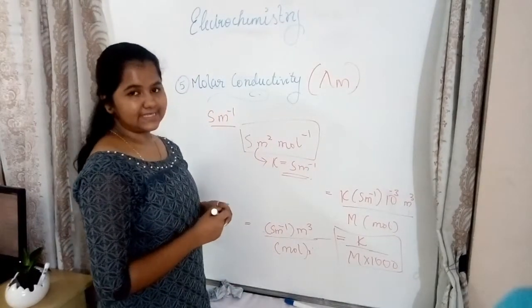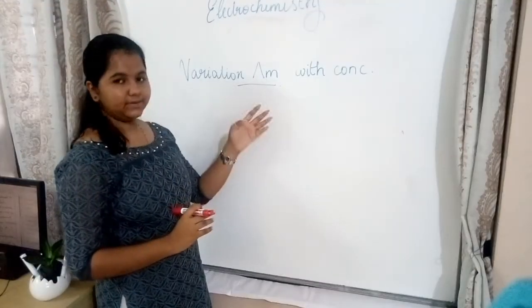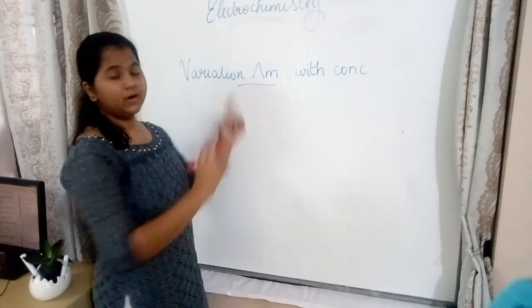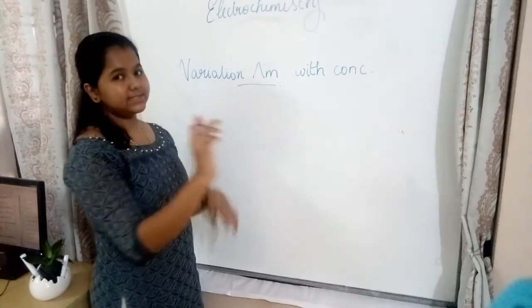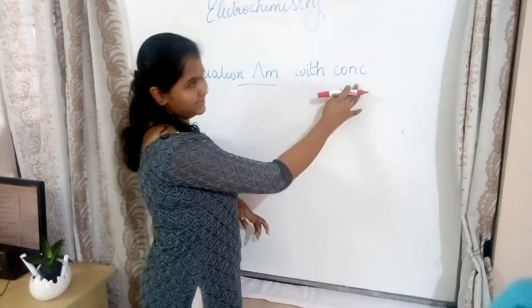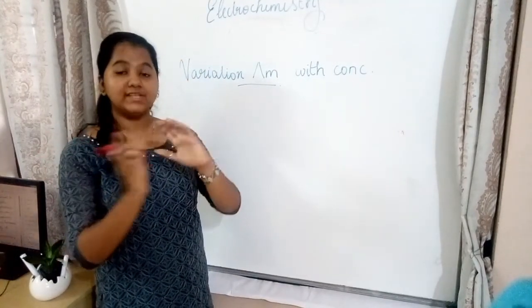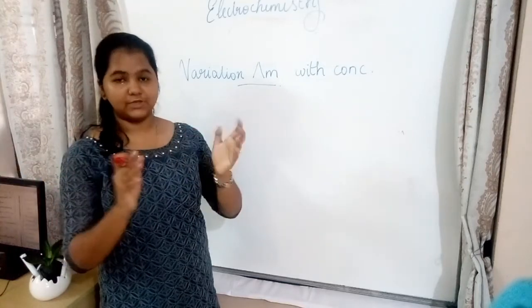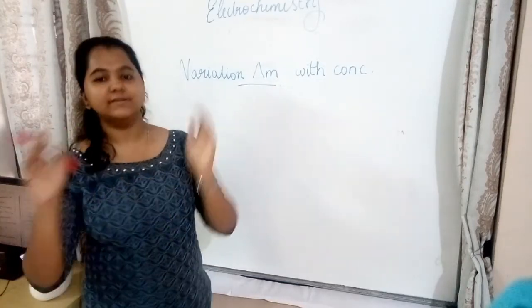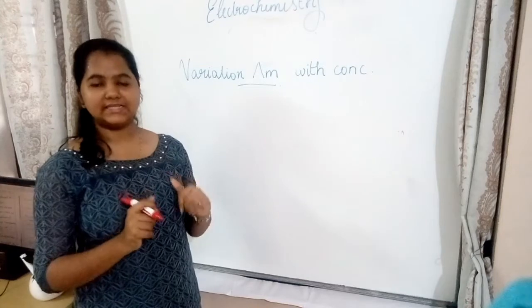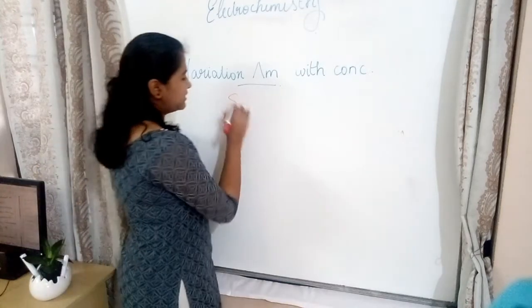Now we are discussing the variation of lambda m, that is molar conductivity, with concentration. We know there are two types of electrolytic solutions: strong electrolyte and weak electrolyte. First we will discuss strong electrolytes.